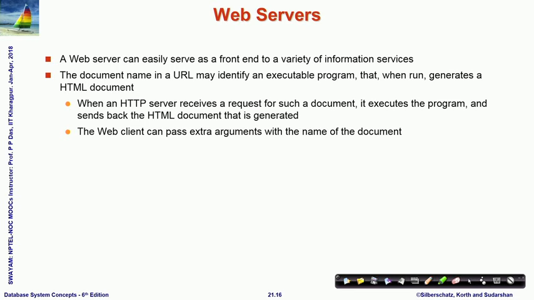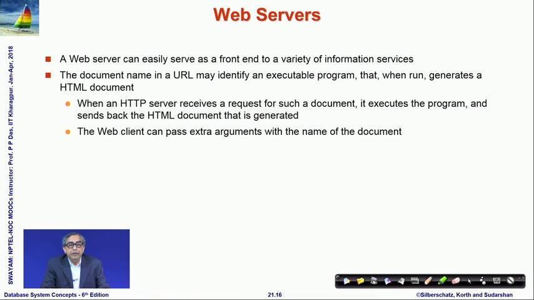For example, when you are using Google, you type www.google.com/search?q= with a value, and then actually at that location there is no HTML currently existing which contains the search result, but instead there is a program which will be executed based on the submission of this form, and when run that will generate an HTML document, and once that is generated, it will be passed back to your web browser.